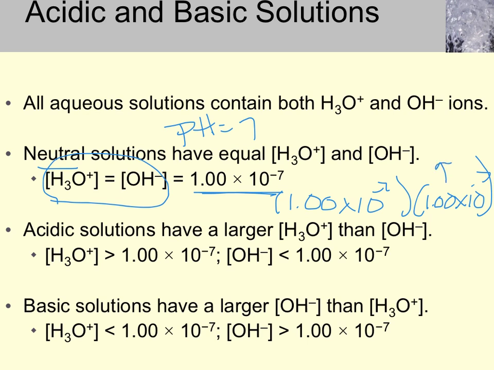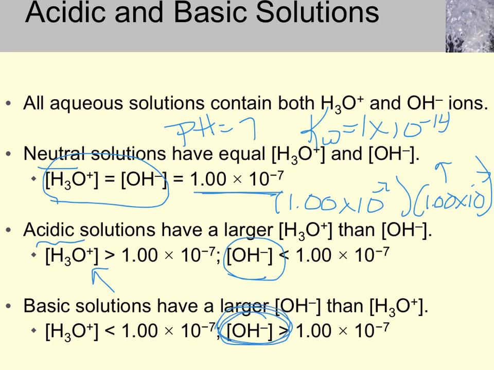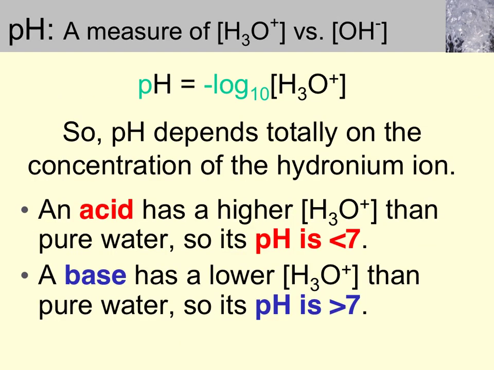That equals 1 times 10 to the minus 14, which is what Kw is. So as soon as you start to get an acidic solution, which means you have a higher concentration of the hydronium ion, then the hydroxide concentration will go down. If you add instead hydroxide or a basic solution to water, the concentration of hydroxide will go up and the concentration of hydronium ion will go down.